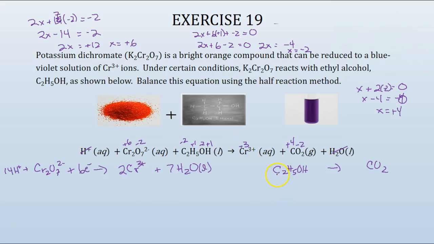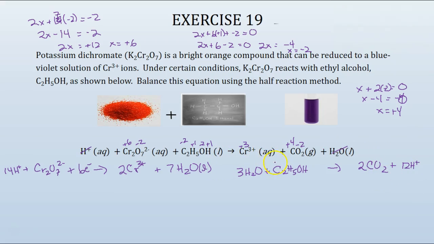Okay, so we come to this side. On this side we see we have 2 C's and 1 C, so we have to add a 2 here. Now we have 4 O's on this side, but only 1 on this side. So that means we have to add 3 waters. Now I have 6 H's right there, plus another 6. So that means I have to add 12 H pluses on this side.